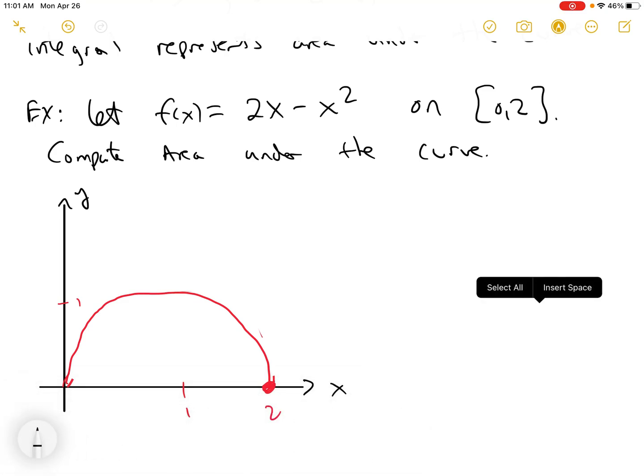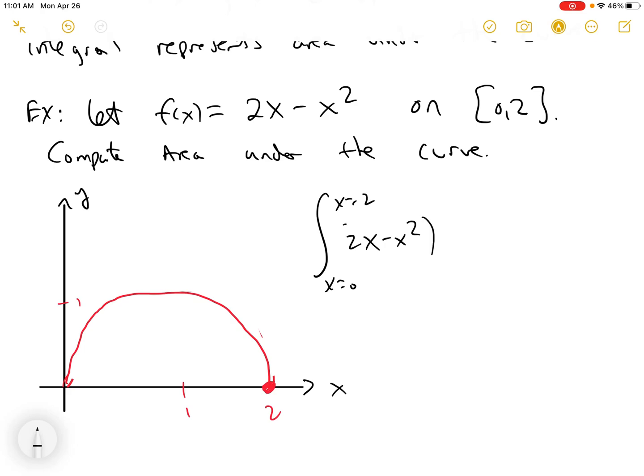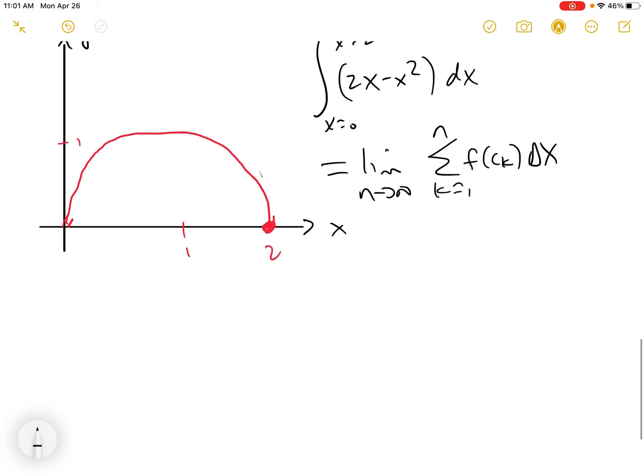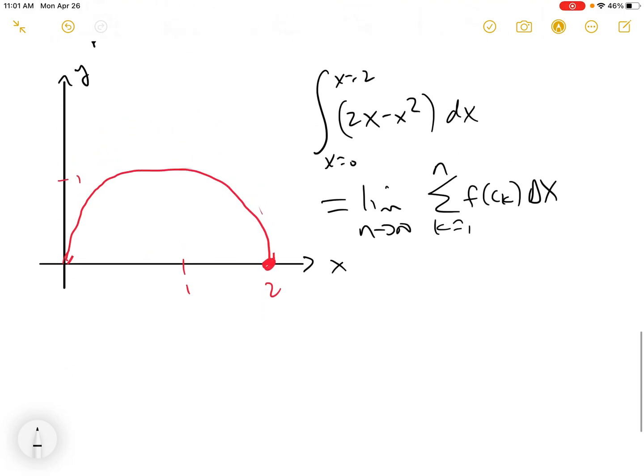And so what we know now is that the integral from x equals 0 to x equals 2 of 2x minus x squared dx is the limit as n goes to infinity of the sum from k equals 1 to n of f of ck delta x, right? And so what's ck in this case?